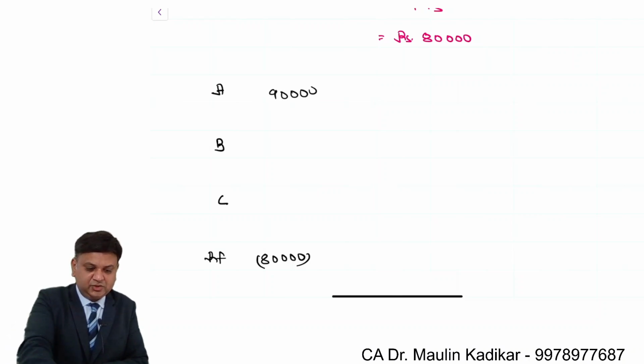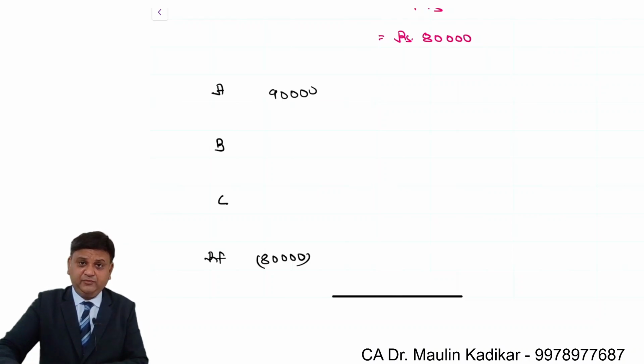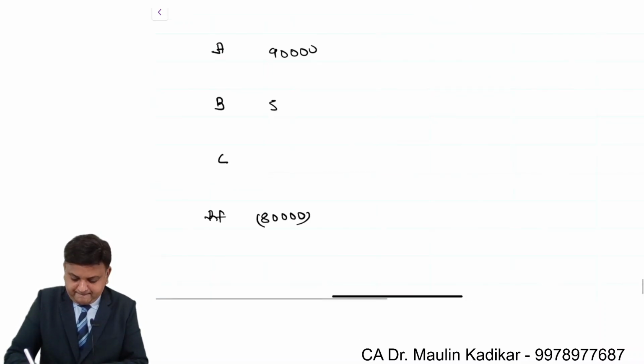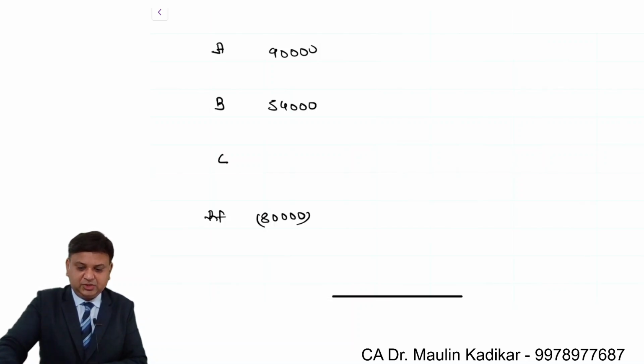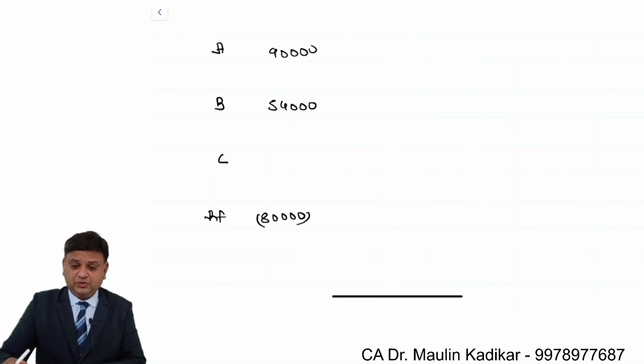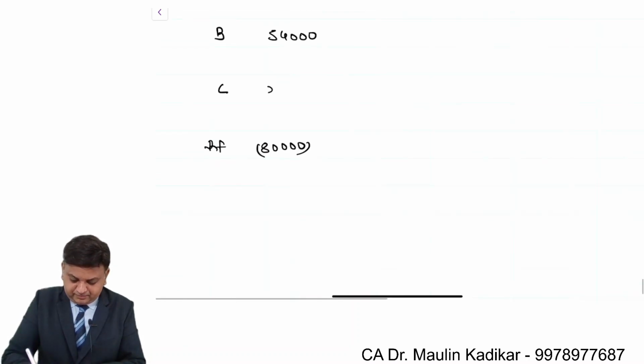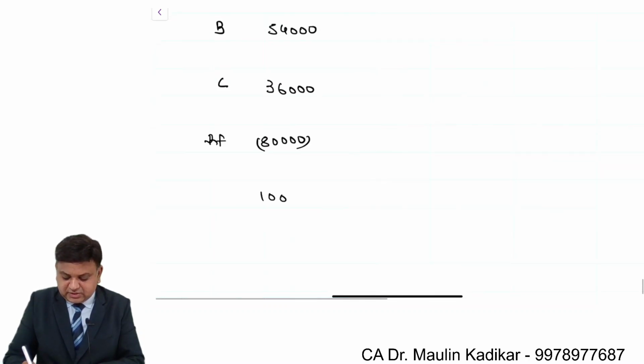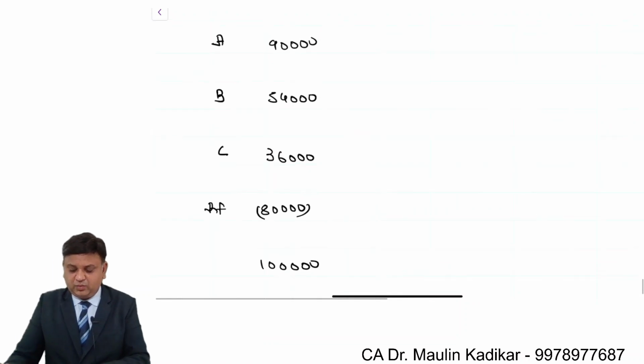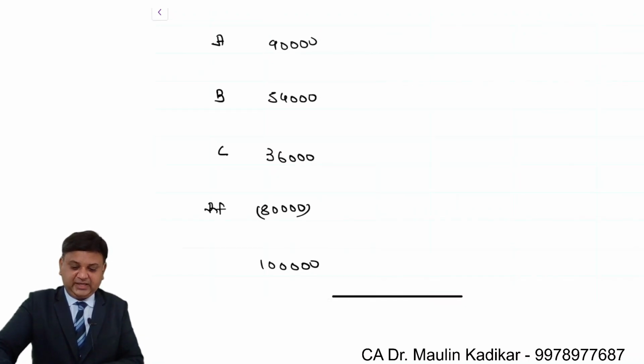Then again it is 80,000 into 0.3, that is 24, 24 plus 30, that comes to 54. Next is again 80,000 into 0.2, that comes to 16,000 plus 20, that comes to 36,000. And this would definitely be 1 lakh, because the amount held by you was 1 lakh only. 90 plus 54 plus 36 minus 80,000, that is of course 1 lakh.